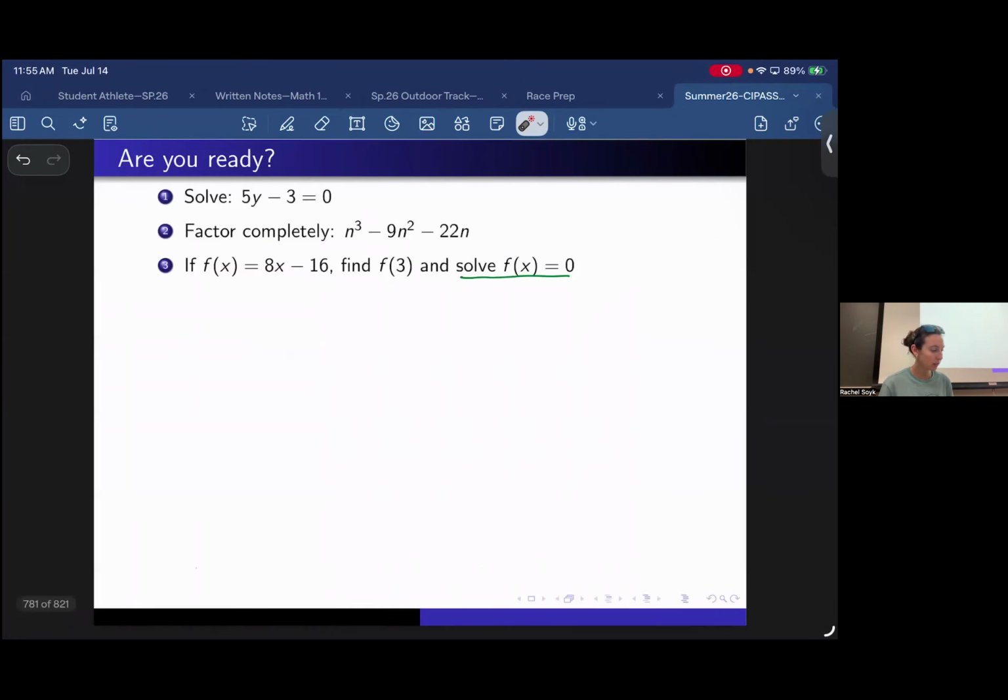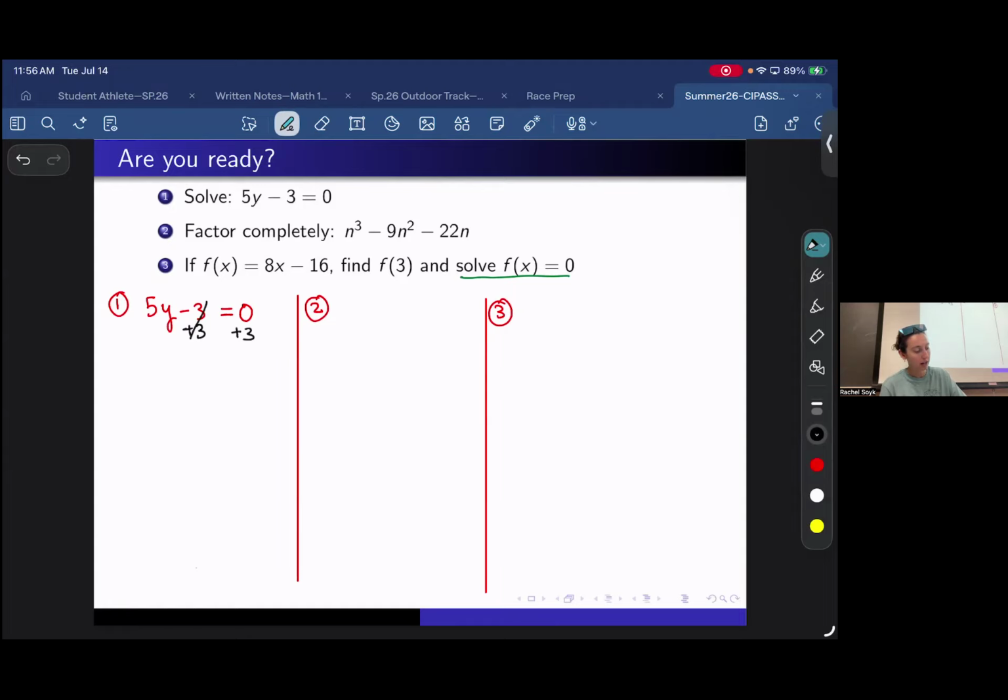Let's do some warm-up problems. So we have 3 parts to this. Our first question is bringing us back to just isolating our variables and more specifically just solving a straightforward linear equation. We're going to utilize our inverse operations, add 3 to both sides.